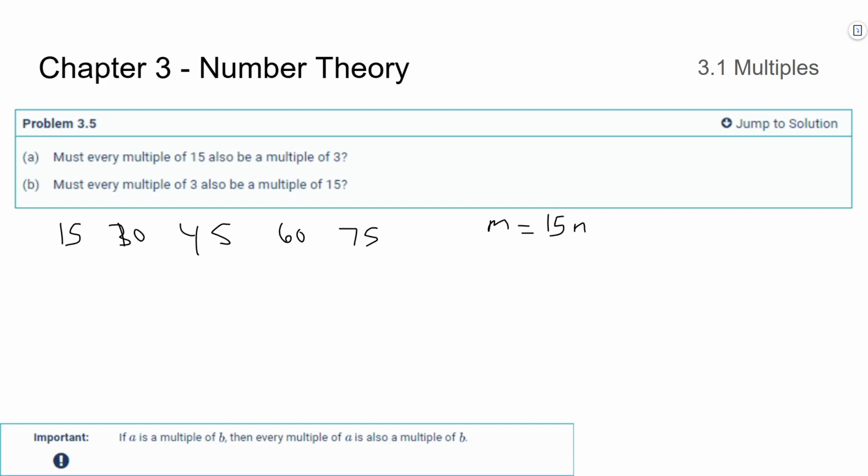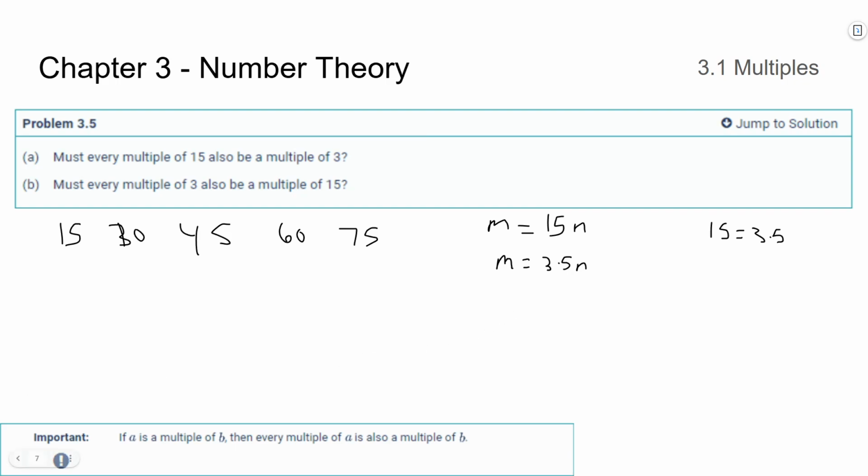All right, so we know also that 15 is equal to 3 times 5. So we can write this instead as m is equal to 3 times 5 times n, which means that m is 3 times the integer 5n.